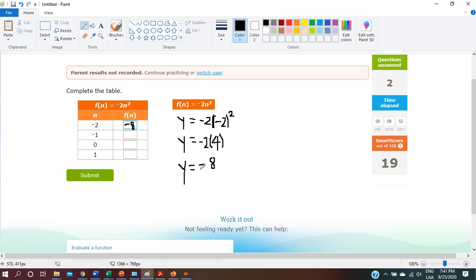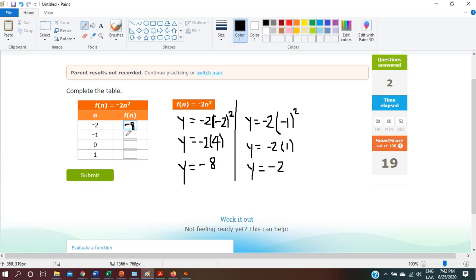All right, so let's do the second one. y equals -2 times -1 squared. So y equals -2 times -1 squared equals 1 positive. So y equals negative times positive equals negative, 2 times 1 equals 2, so -2.